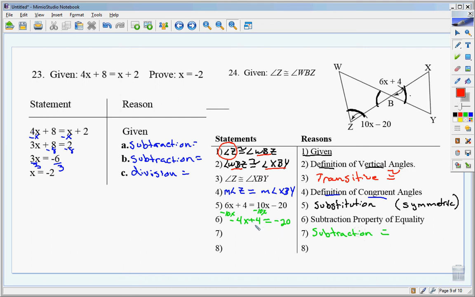And I would subtract 4 from both sides, leaving me a negative 4x equals a negative 24. And my last step would actually be the division property of equality. And it would be x equals a positive 6, which is really what I had written up here on your sheet today, prove that x equals 6.